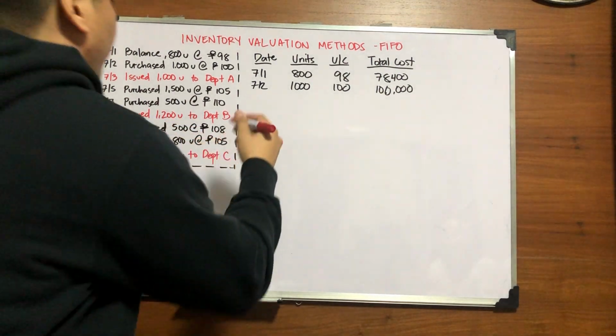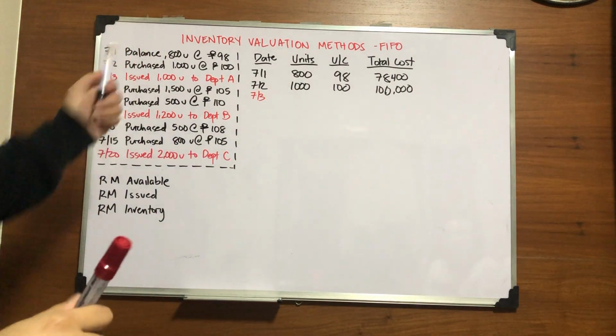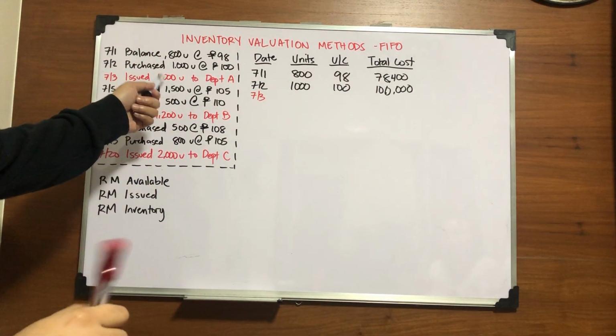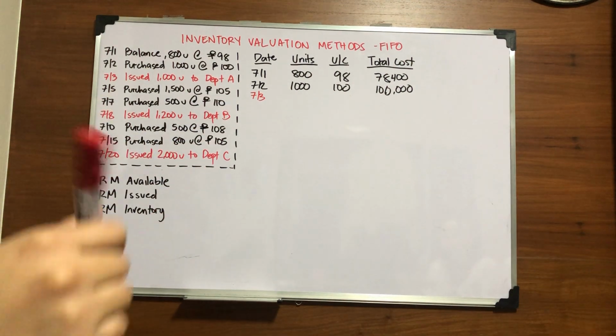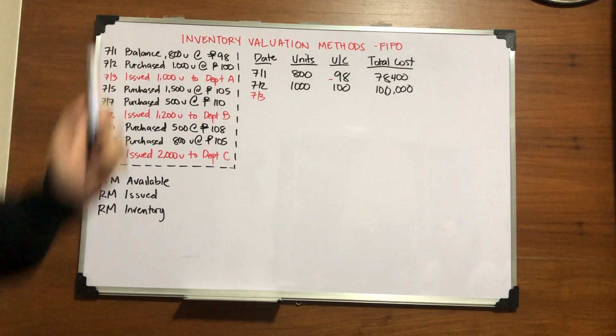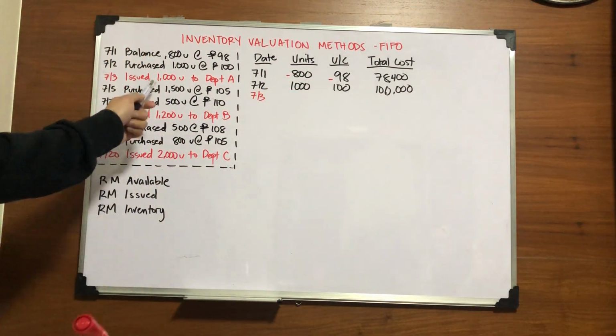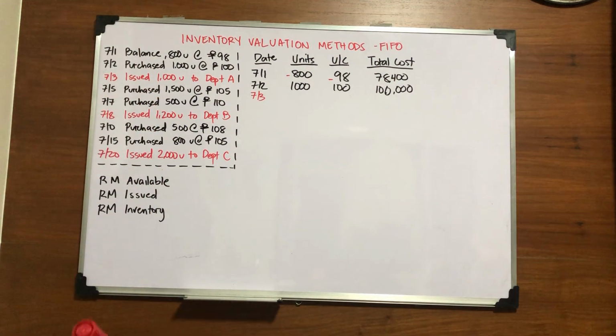So for July 3, I have 1,000 issued. Again, I will get the earliest cost, which is 98. But since the July 1 transaction has only 800 units, I would be getting first the 800 out of 1,000 using the unit cost of 98 pesos.